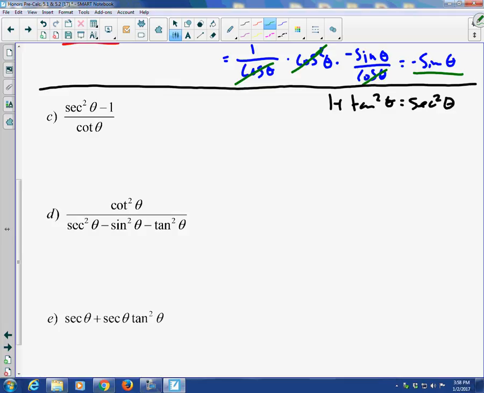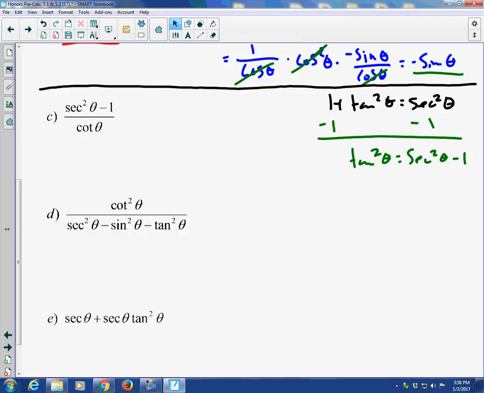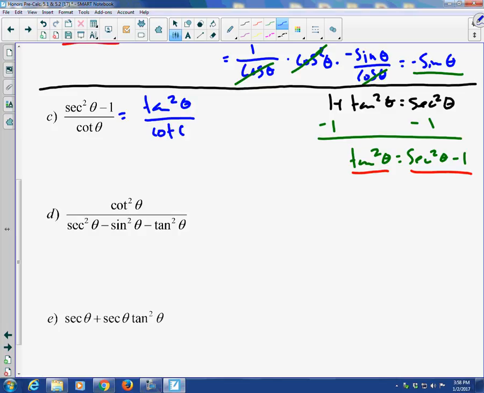And right here what I can see is if I subtract 1 on both sides, I've got that expression in the numerator. So I can say that tan squared theta equals secant squared theta minus 1. And that means that I can substitute tan squared theta in for my secant squared theta minus 1. And right here I'm going to have tan squared theta over cotan theta.